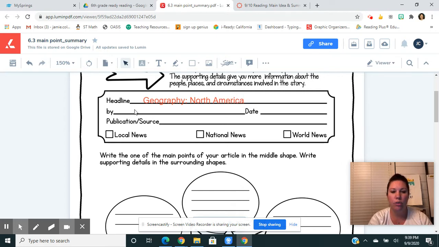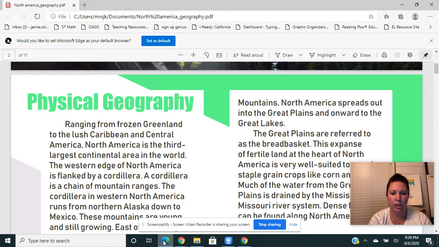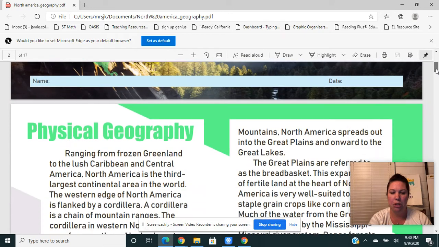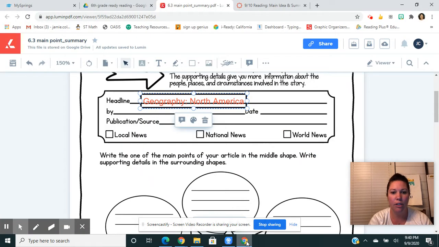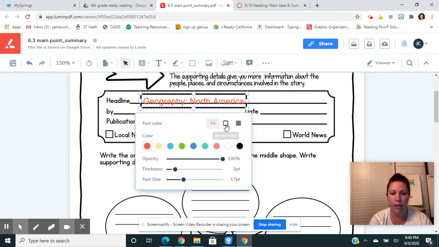We don't know who the author is. I don't think it says on here, but we could check real quick. Nope, no author. Maybe it says it on the very bottom. I don't want to scroll all the way down to make you dizzy, but if you want to check to see if the author is at the very bottom, that would work. Let me make this lighter because it's very distracting.